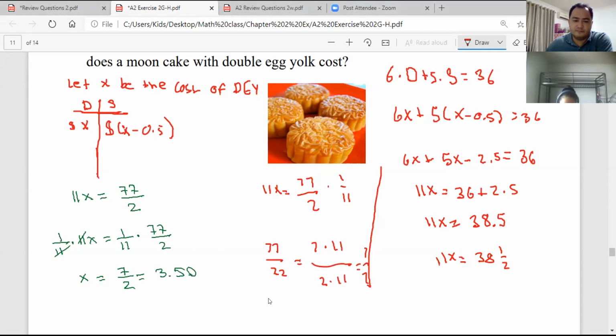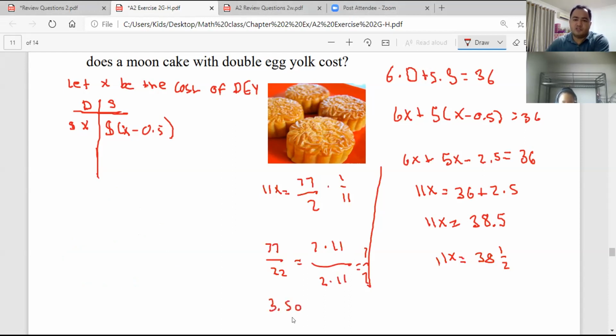Okay. Shahina, you need to start counting from here. You need to multiply the left-hand side by 1 over 11. Can you see that? I did it. Okay, delete that. Delete this, Shahina. We don't need this stuff.